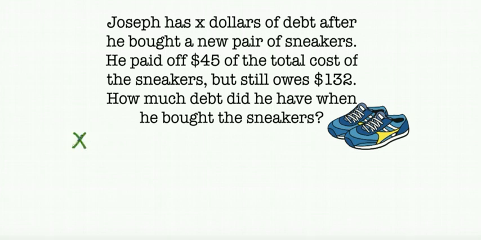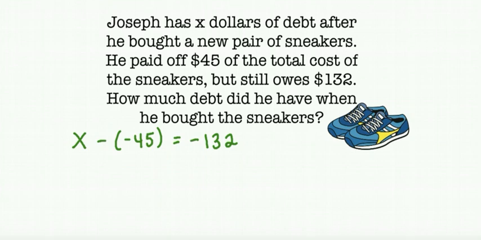We don't know how much the sneakers cost, but whatever amount they did cost was his debt. He paid off $45. So here I'm going to discount $45 of his debt. So take away $45 of his debt. And then he still owes $132. So he's still in debt of $132.